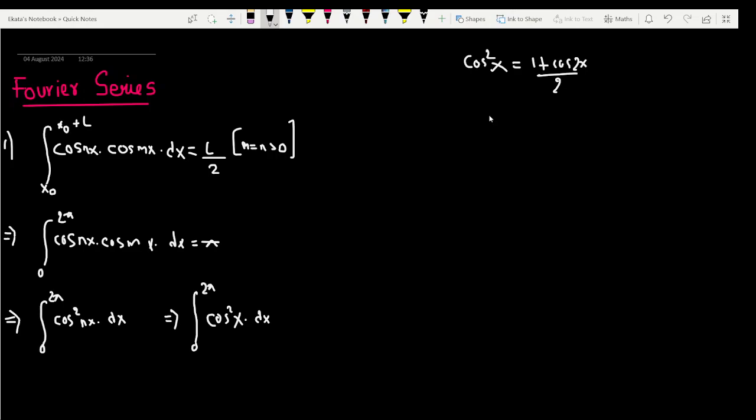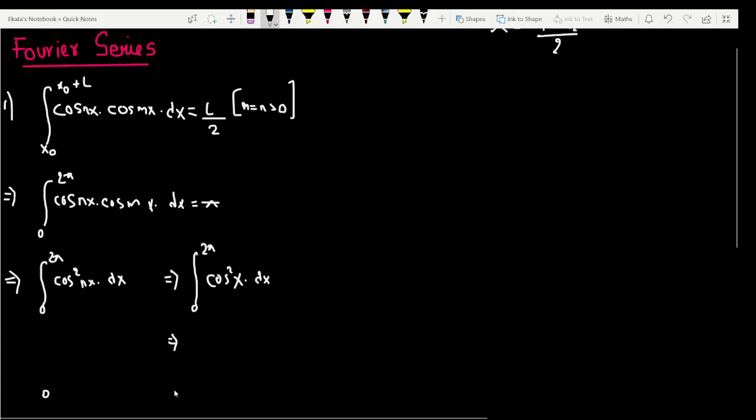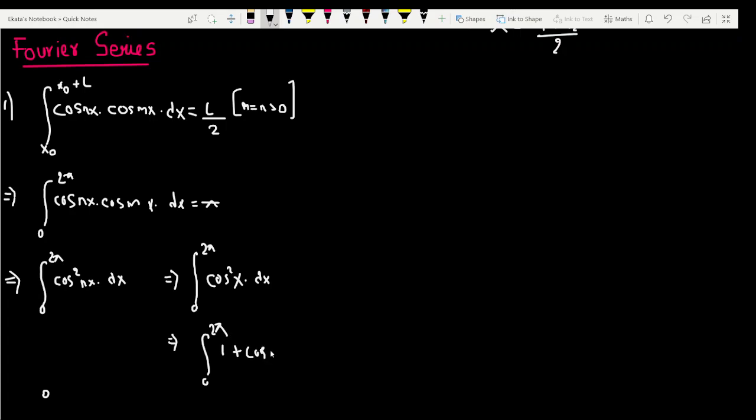So substituting the value of cos square x, we get the integral from 0 to 2 pi of (1 plus cos 2x) divided by 2 into dx. So this is our integral.